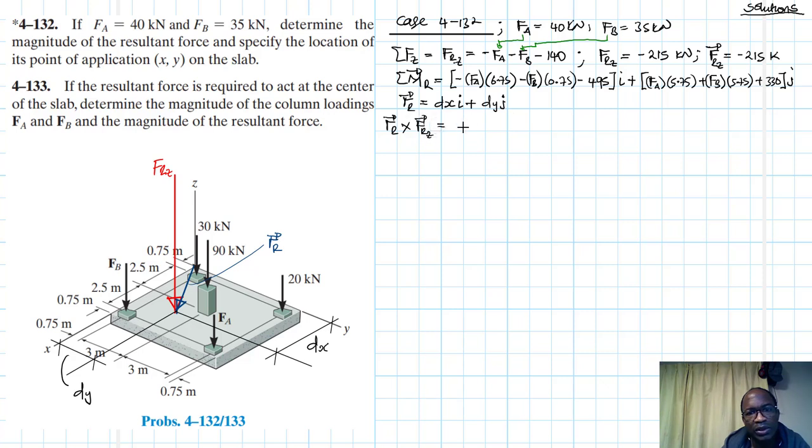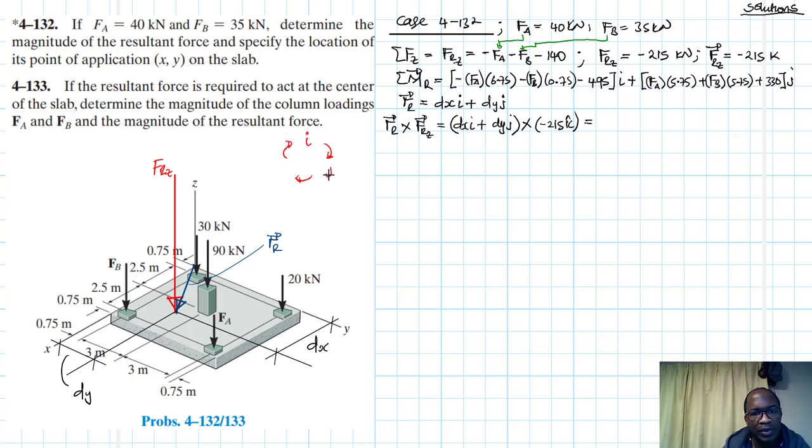This is going to be equal to dx i plus dy j cross minus 215k. This is going to be equal to, instead of drawing the figure, we can use this.